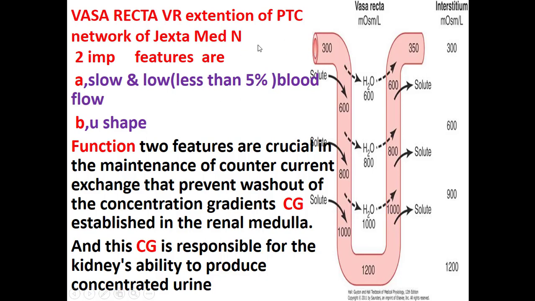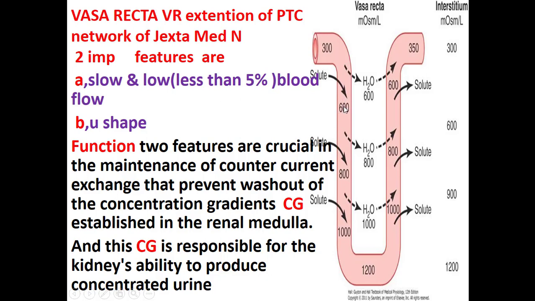Suppose my cursor is at the proximal tubule, and we are entering from the tubule with an osmolarity of 300 milliosmol into the descending limb of the loop of Henle. We have fenestrations over here.